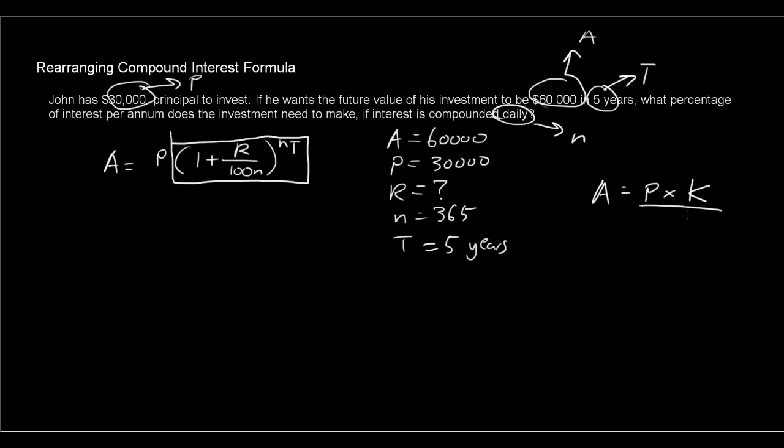So if I divide by P on both sides, I get K is equal to A over P, because P divided by P cancels down to 1. So the first step is to rearrange it. So P is on the other side now. So we have 1 plus R over 100 N to the power of NT.